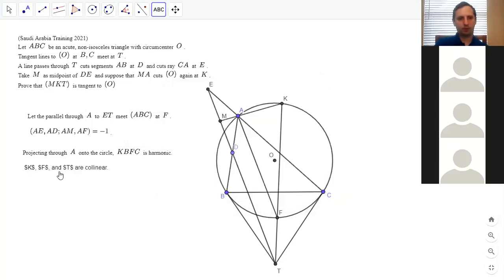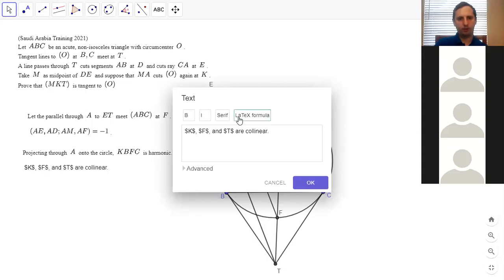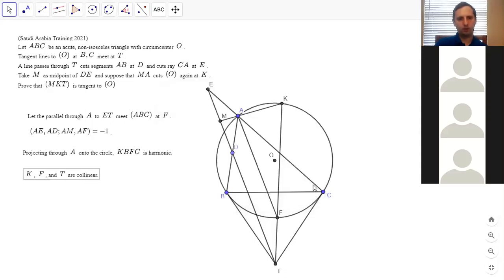And so then a homothety at K takes the triangle KAT to KAF to KMT.